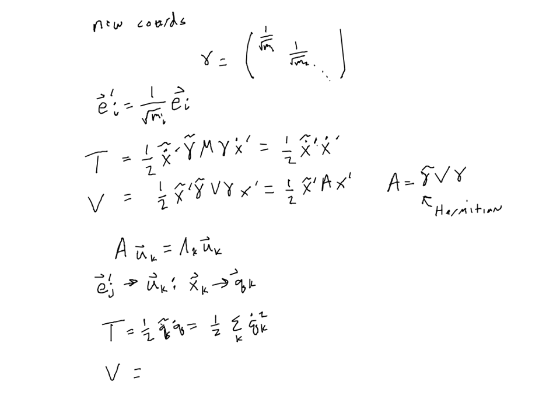And V is going to become 1/2 q transpose lambda q, where lambda is basically a diagonal matrix formed by the eigenvalues. So this is equal to 1/2 times the sum over k of lambda k qk squared.